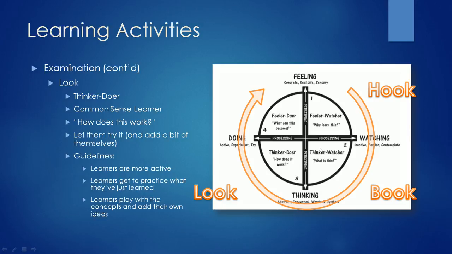So as an example, if you teach a math concept of how to divide, or how to do integrals, or any kind of math concept over here in quadrant 2, well, in quadrant 3, you're going to give them worksheets and problems that they need to solve.